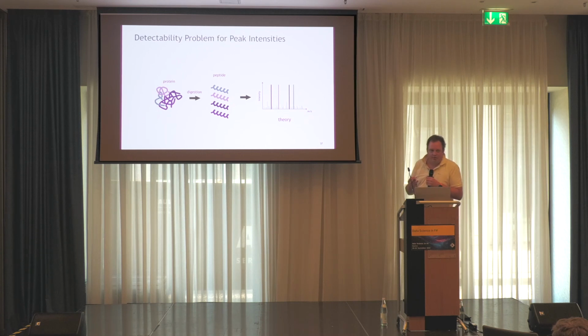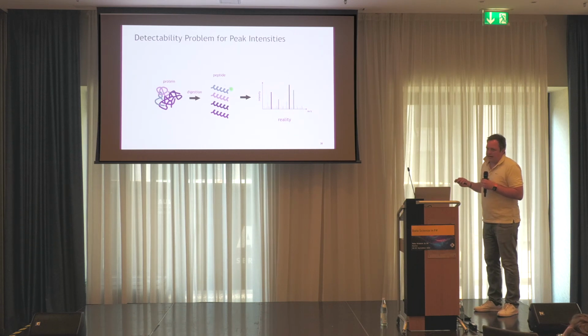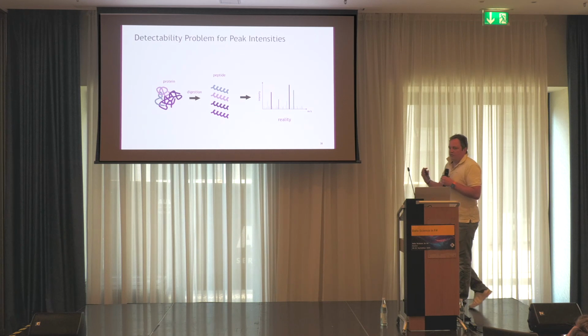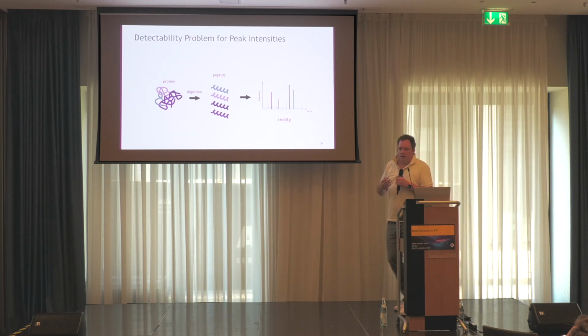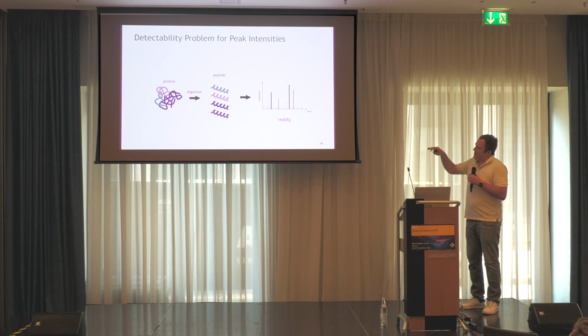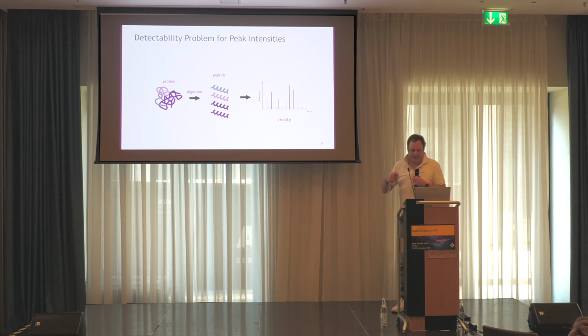But this is the difference between theory and practice, right? In practice, it looks like this. Even though they are in equal amounts, they have different heights. And so far, what I showed you did not take this into account, so our very naive modeling made all intensity heights the same.